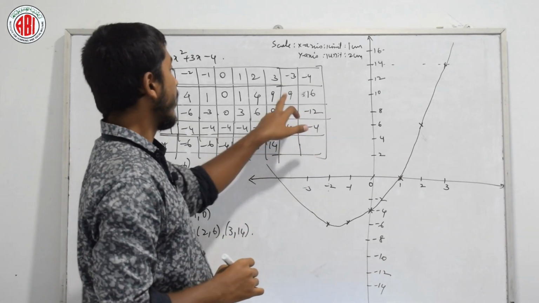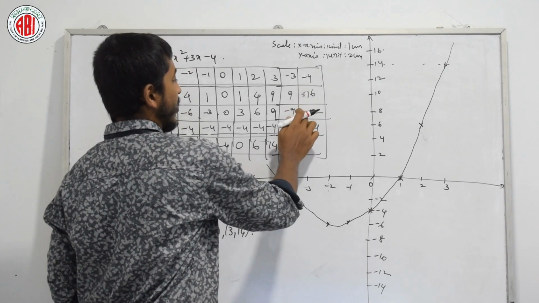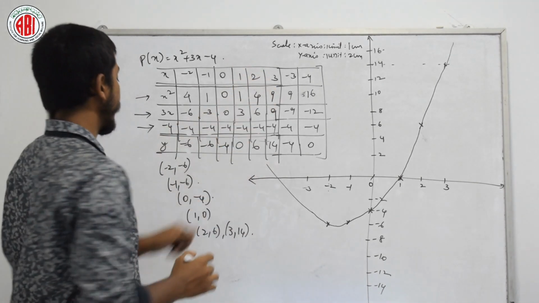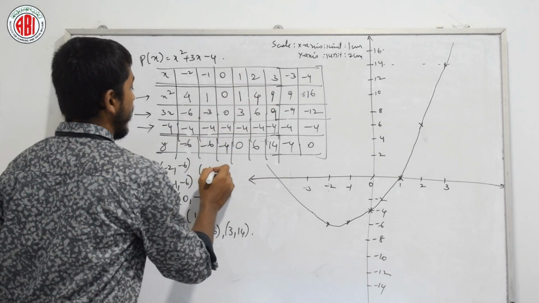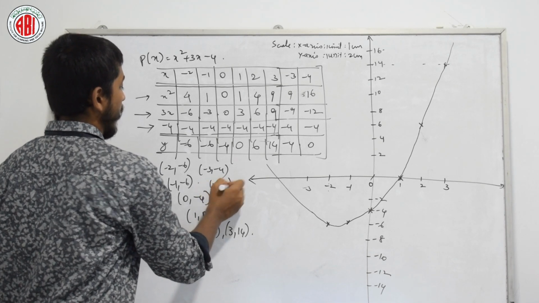Is it clear? 9 minus 9 is 0, you get -4. 16 minus 12 is 4, 4 minus 4 is 0, right? 2 more points we got, that is (-3, -4) and (-4, 0).